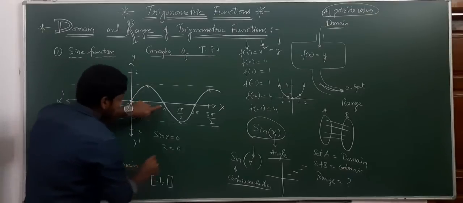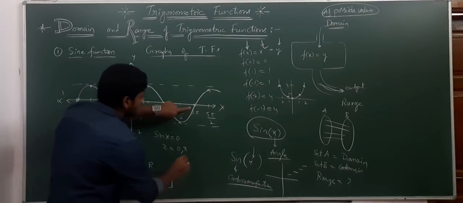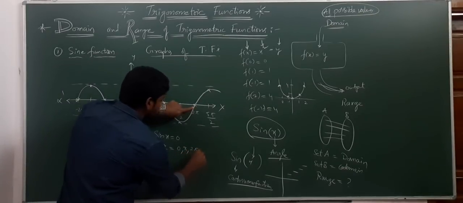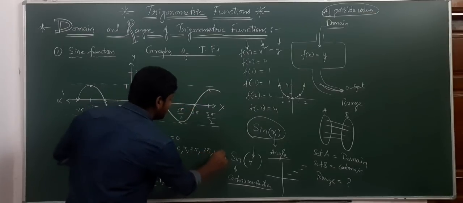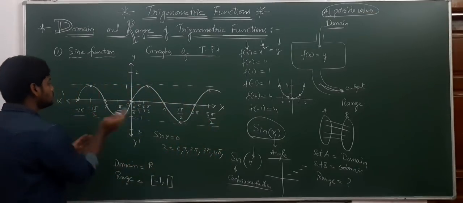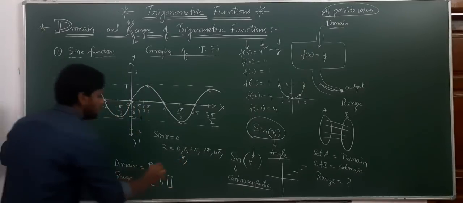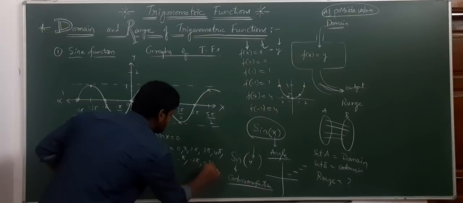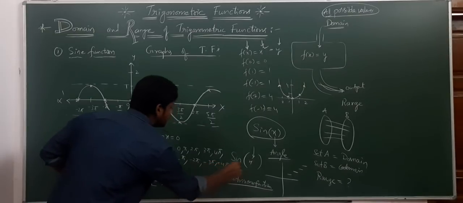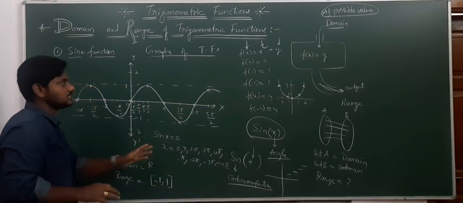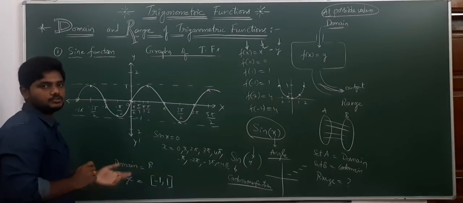Again sin pi is 0, sin 2 pi is 0, sin 3 pi, sin 4 pi, all are 0. And on the negative side, sin minus pi is 0, sin minus 2 pi is 0, sin minus 3 pi, sin minus 4 pi, and so on. For all those values sin will be equal to 0.